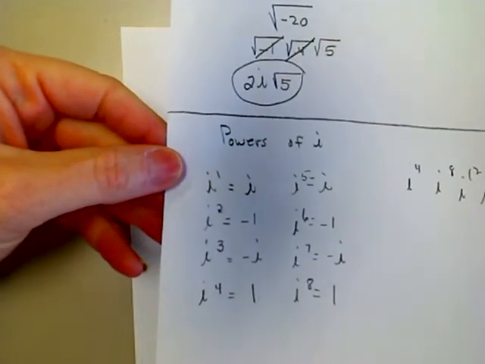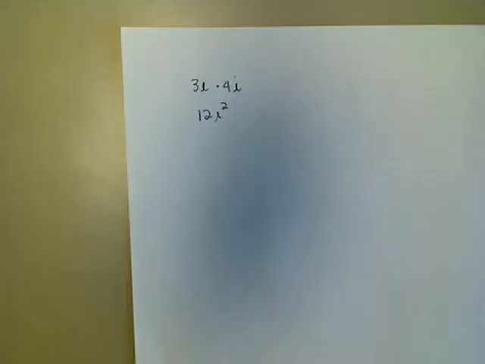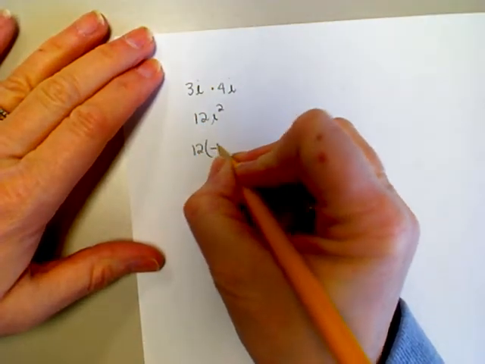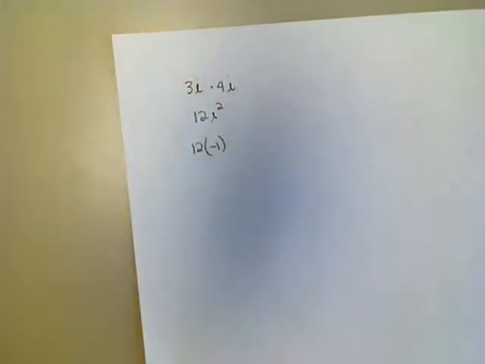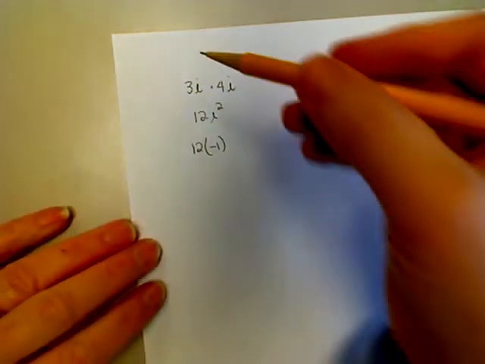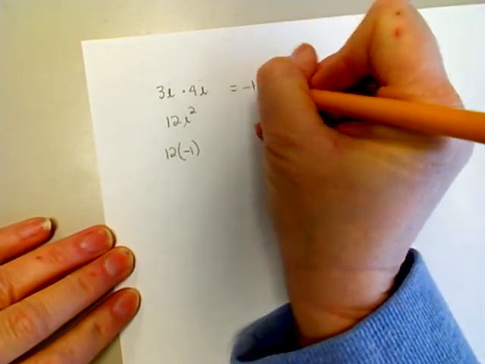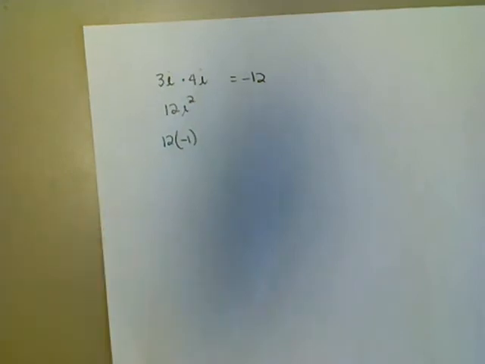But if you go back to the pattern of 4, then you can tell me that this is the same thing as this, because i squared equals -1. So 3i times 4i equals -12, and that is why. The good news is the quiz will only be over just this, so it's not like you're going to have to remember a whole bunch of stuff.